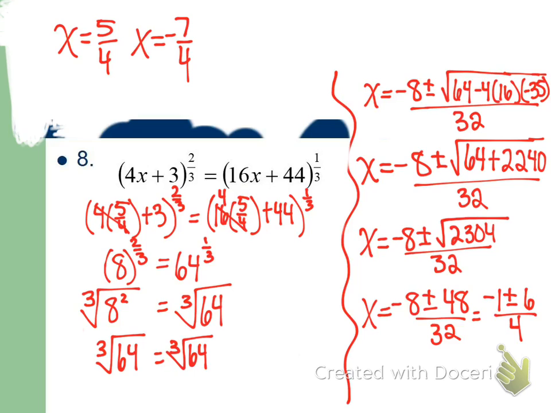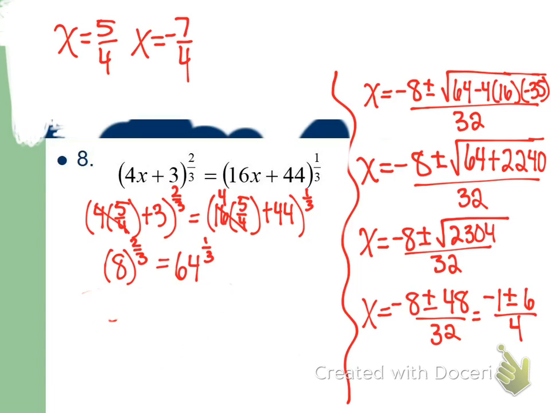Okay, let's go back and do negative 7/4. So let's see if I can just change this a little bit. These are now negative. All right, so again, we do all of this. We've got the 4's canceling out, so we've got negative 7 plus 3. What's negative 7 plus 3?